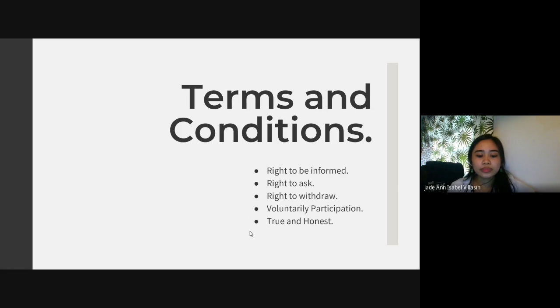Lastly, true and honest responding means the participants must swear that their answers are authentic and true to themselves. For it greatly affects the score of the participants, and of course, obviously this would have a huge impact on the results.